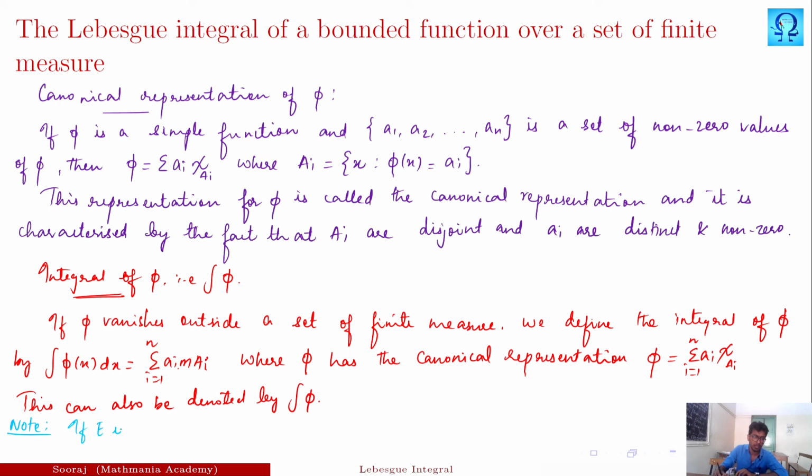Here let us make a note. If E is any measurable set, then we define the integral over E of phi as the integral of phi chi E. That is, you have to express that measurable set, identify its characteristic function, multiply the characteristic function with the simple function that you have, and do the integration.